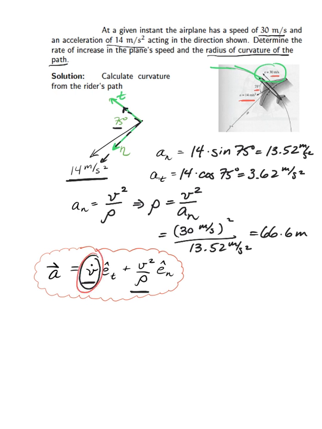That is v dot, so I know that v dot is equal to the tangential acceleration, which has a value up above, 3.62 meters per second squared. So the plane is both increasing speed and traveling on a circular path. So we have acceleration both in the tangential direction and in the normal direction.